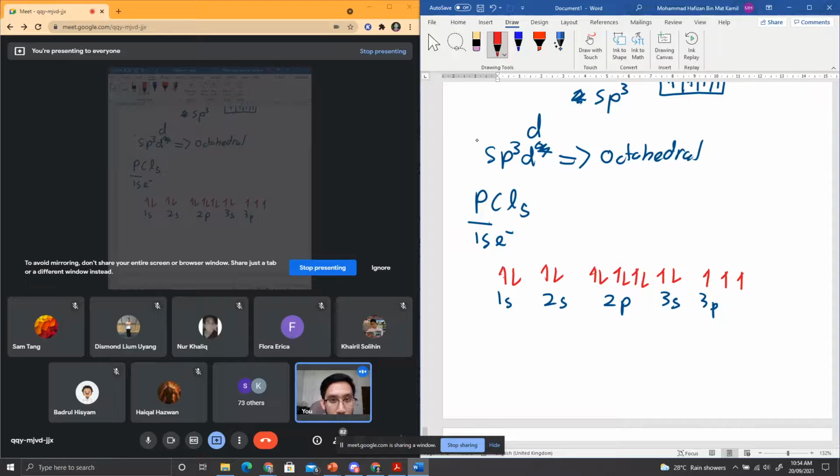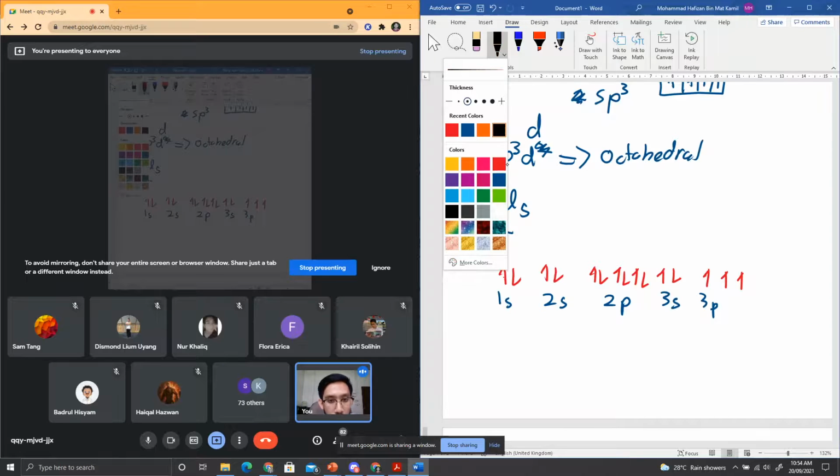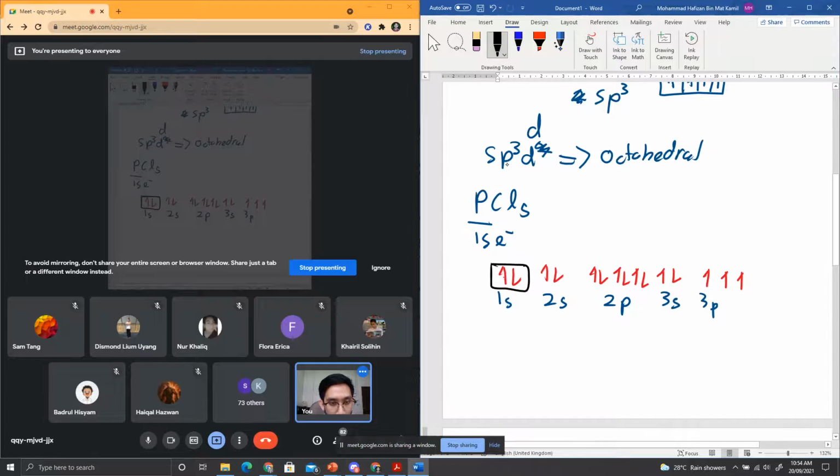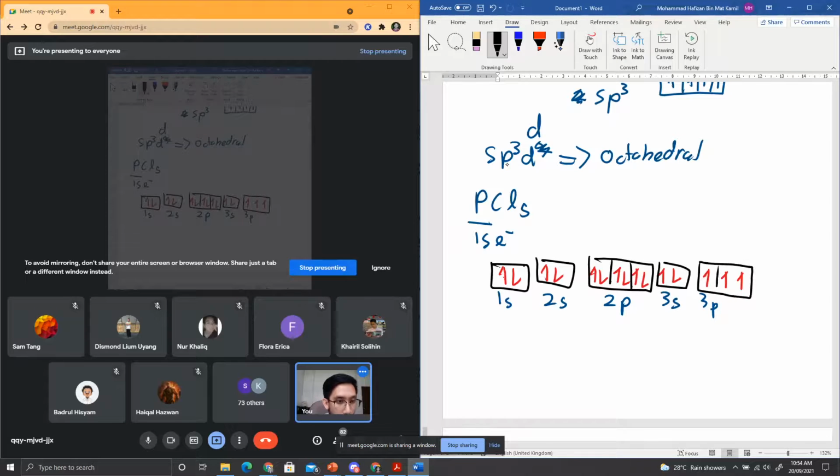Okay, so let me draw the boxes. Alright, so untuk phosphorus, it only has 3 unpaired electrons. So we only have 3.